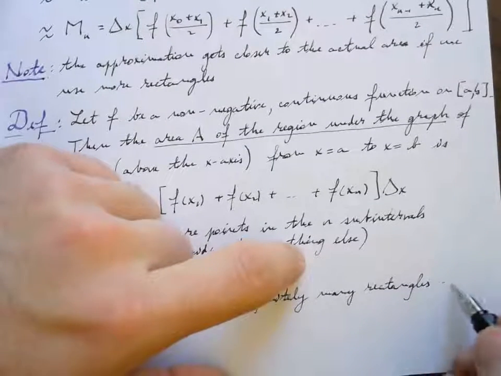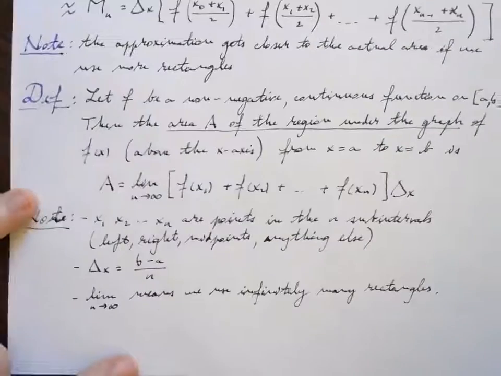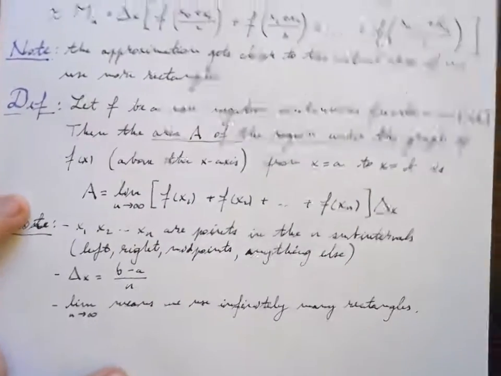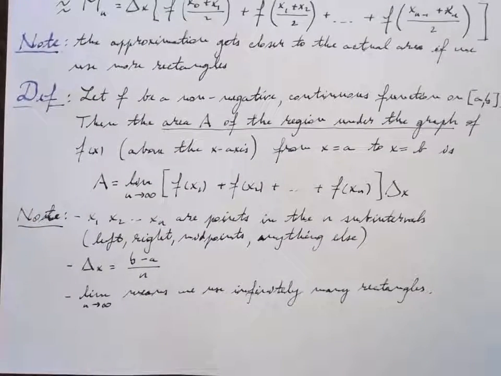In other words, we don't know how to use infinitely many rectangles by hand. We are using more and more rectangles, and we see what the value of our approximations approaches, and that is going to be our limit.